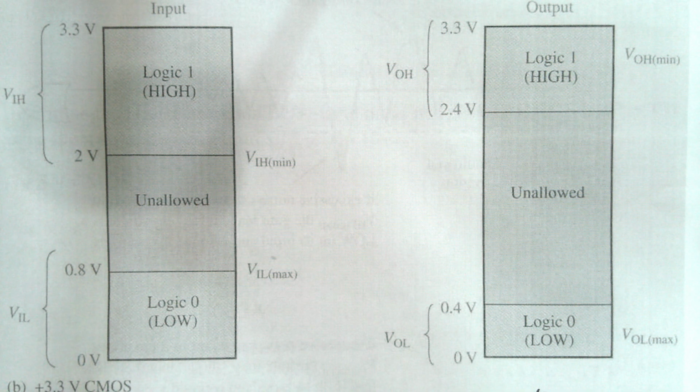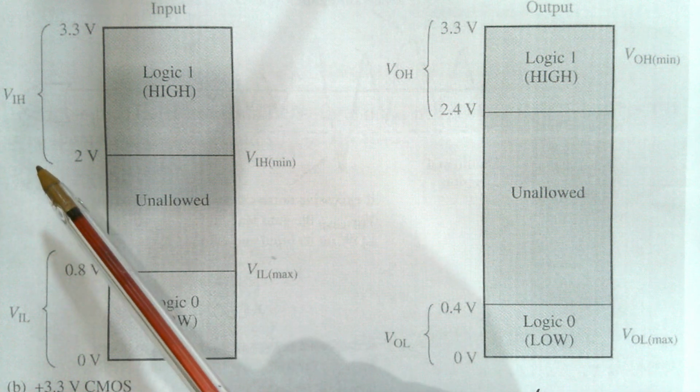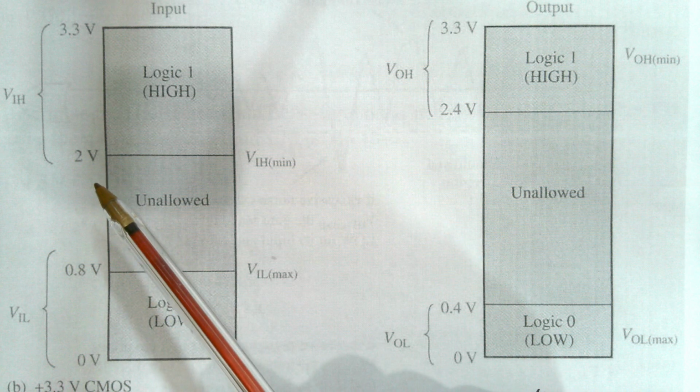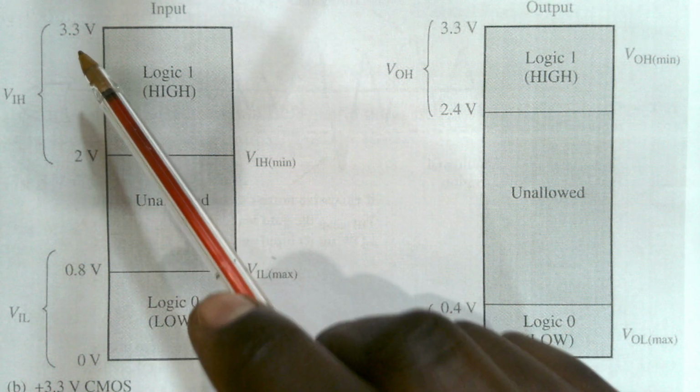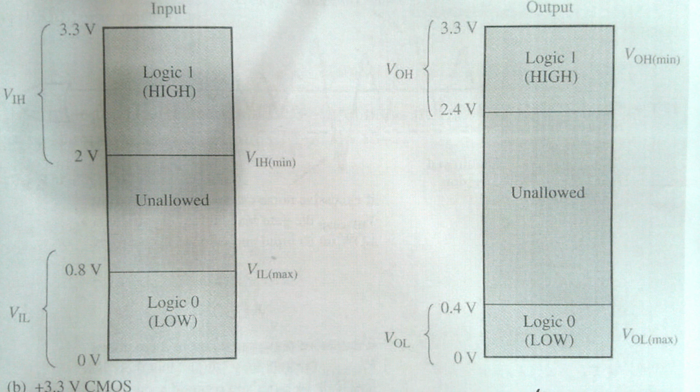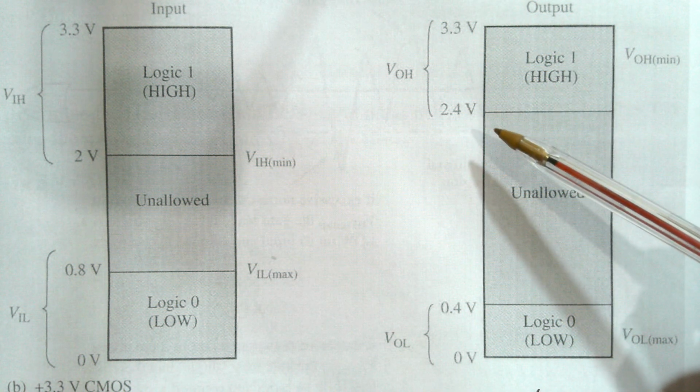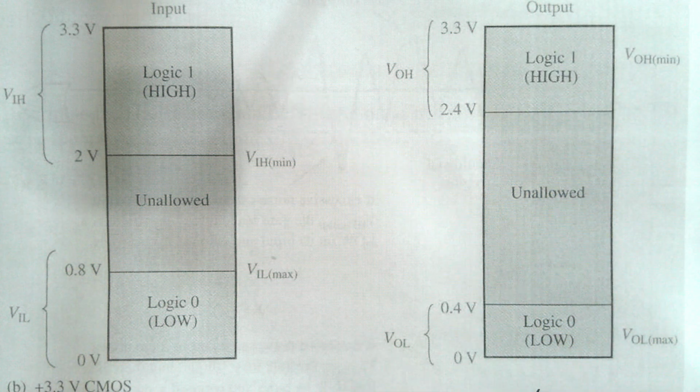So in the case of plus 3.3 volts CMOS technology, VIH ranges from 2 volts to 3.3 volts on the input side. The input low is 0 volts to 0.8 volts. On the output side, VOH is 2.4 to 3.3 volts, and VOL is 0 to 0.4 volts.